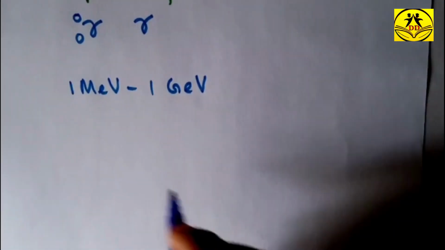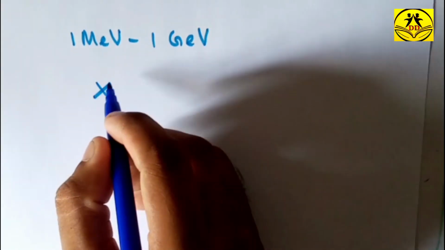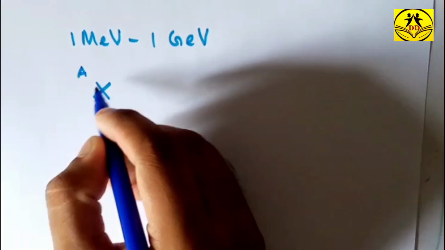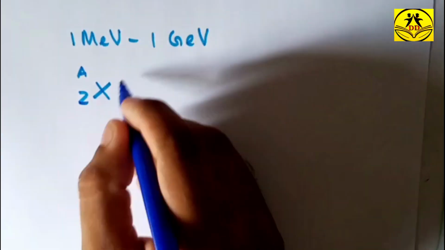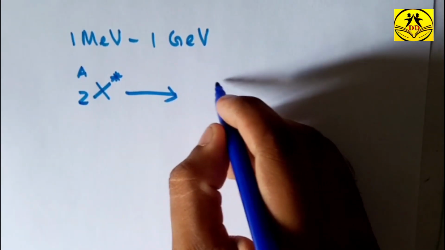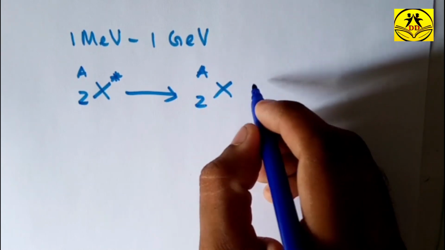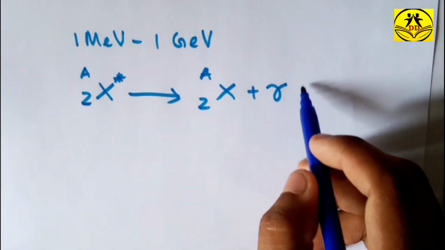As an example, if we write the nucleus X with mass number A and proton number Z, which is excited, it comes to the ground state with the same mass number and proton number, liberating a gamma photon.